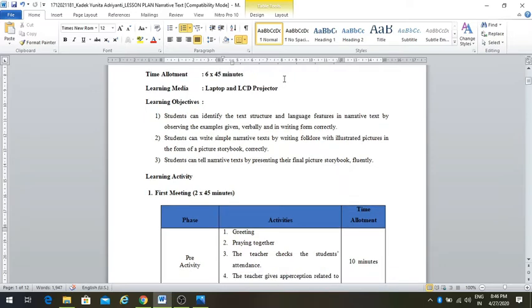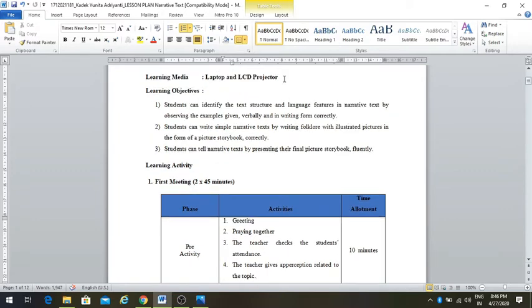Finally, the teacher gives an apperception related to the topic by asking some questions such as, have you ever read Cinderella's story? Do you like this story? Why do you like this kind of story? The students will answer that the story has moral value, etc.